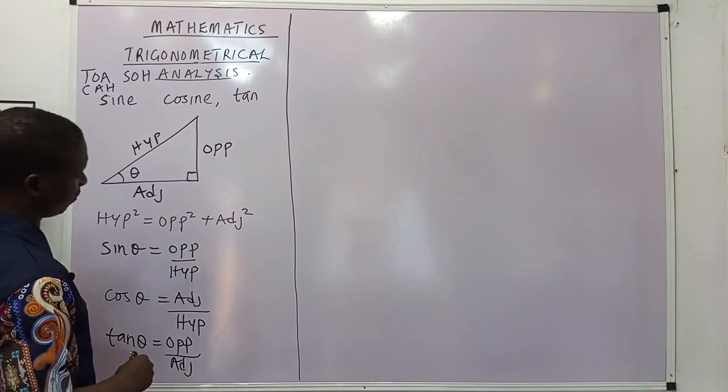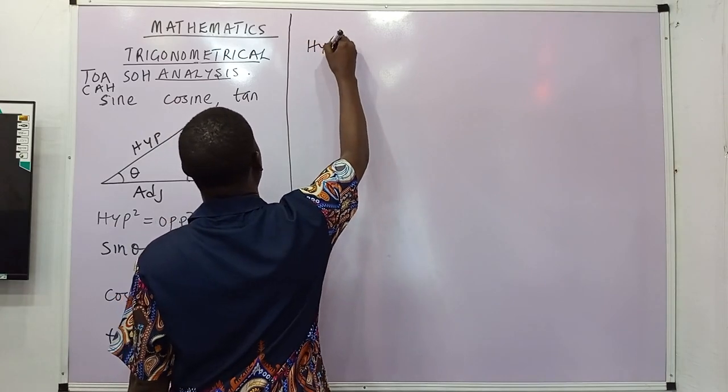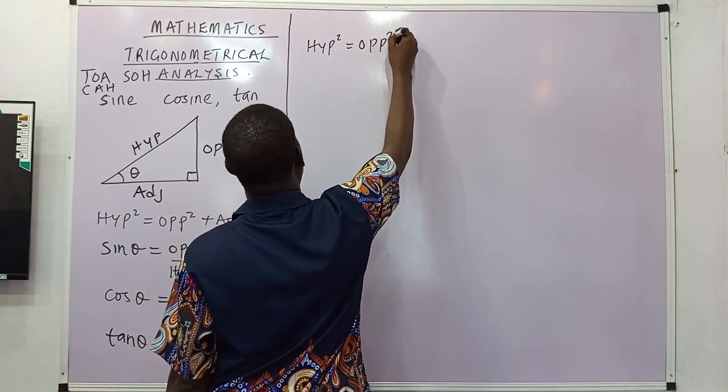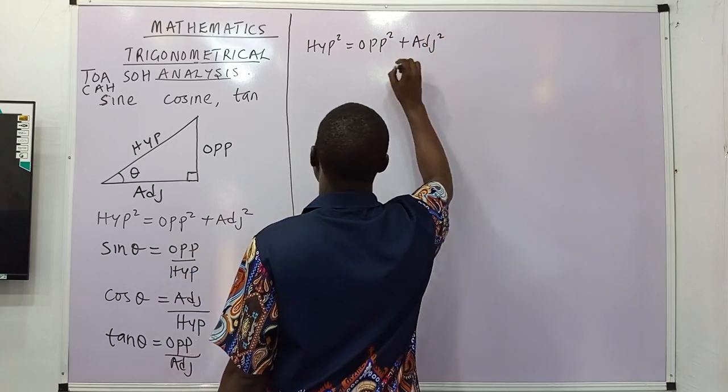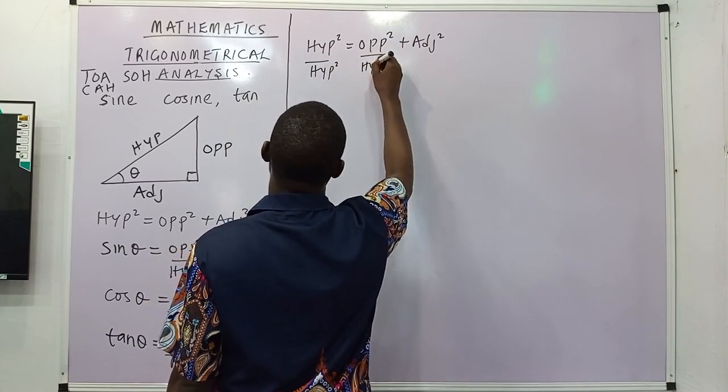Now, but let us see something here. If you believe that hypotenuse square equal to opposite square plus adjacent square, let's divide both sides by hypotenuse square.